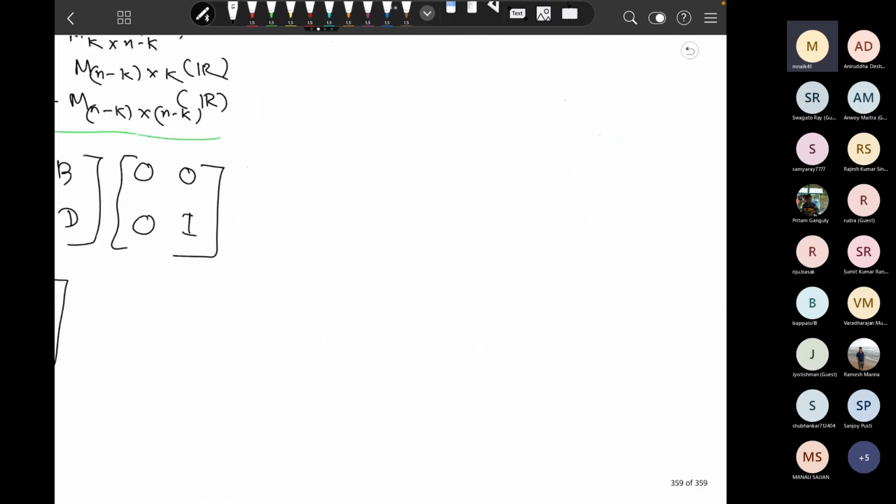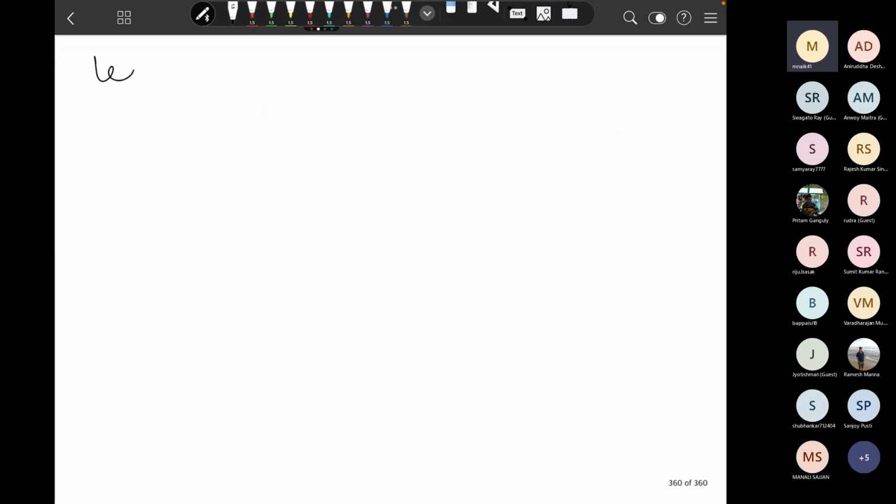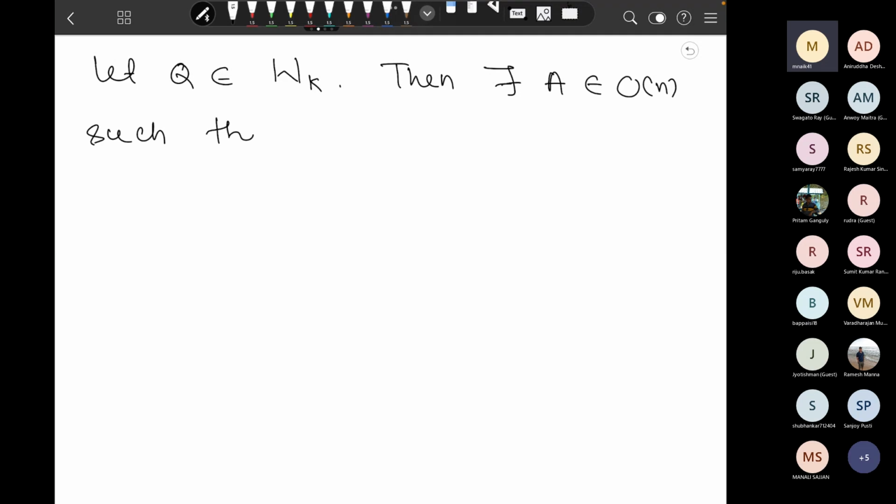So now, let Q belong to W_k, any Q. Then there exists A belongs to O_n, because we have shown that this action is transitive, so that A Q A transpose is equal to Q naught.